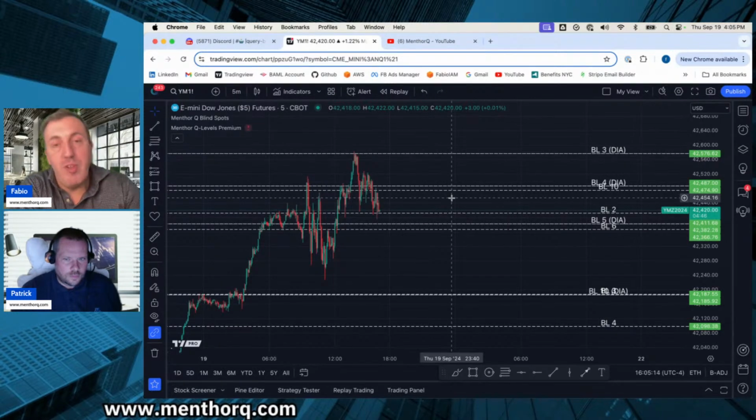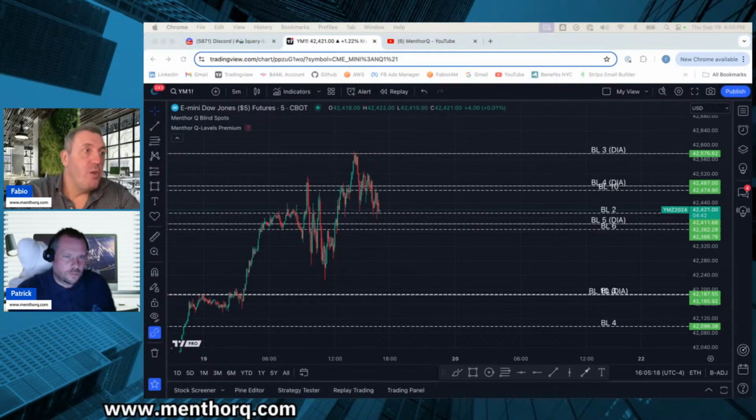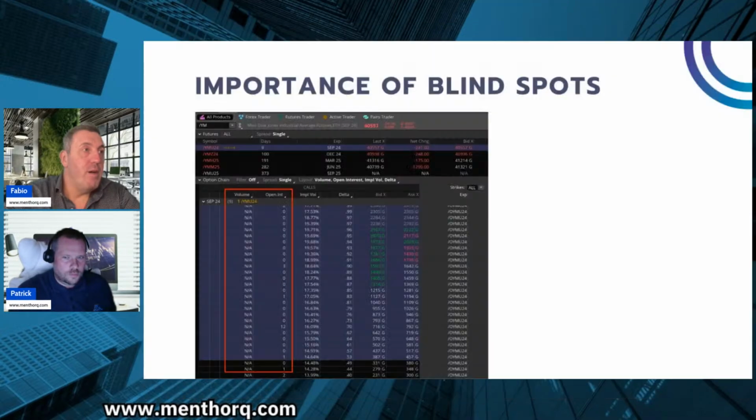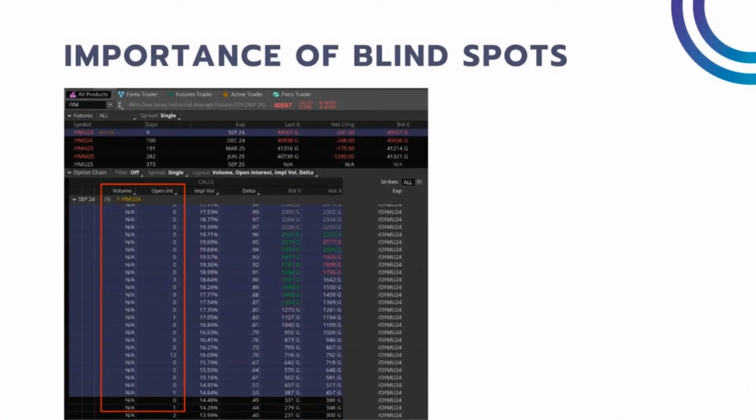The reason why we chose Dow Jones is because if we go back to our presentation, Dow Jones doesn't really have a lot of option activity. Actually, it doesn't have any option activity. I don't know if you guys can see here, but there's not much open interest coming from the futures options on Dow Jones, right?